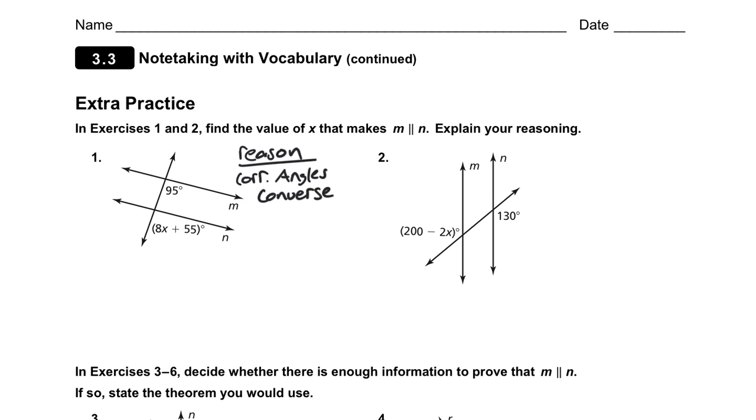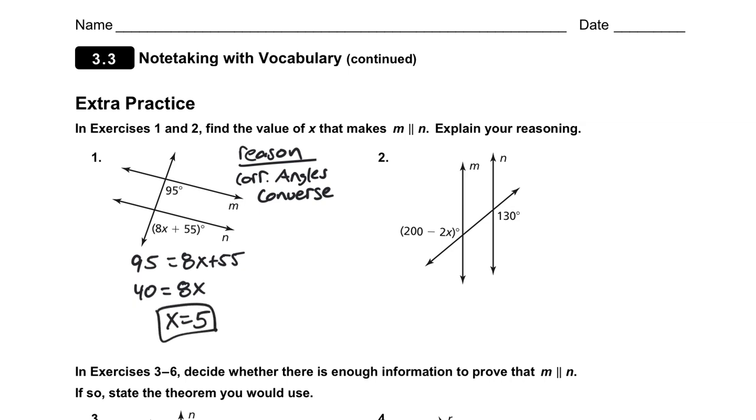But for that to actually work, I need to make sure they're congruent. To make sure they're congruent, I'm going to set these equal to each other. So I'm going to set 95 equal to 8x plus 55 and solve. I subtract 55 from both sides and get 40 equals 8x. And when I solve, I get x equals 5.